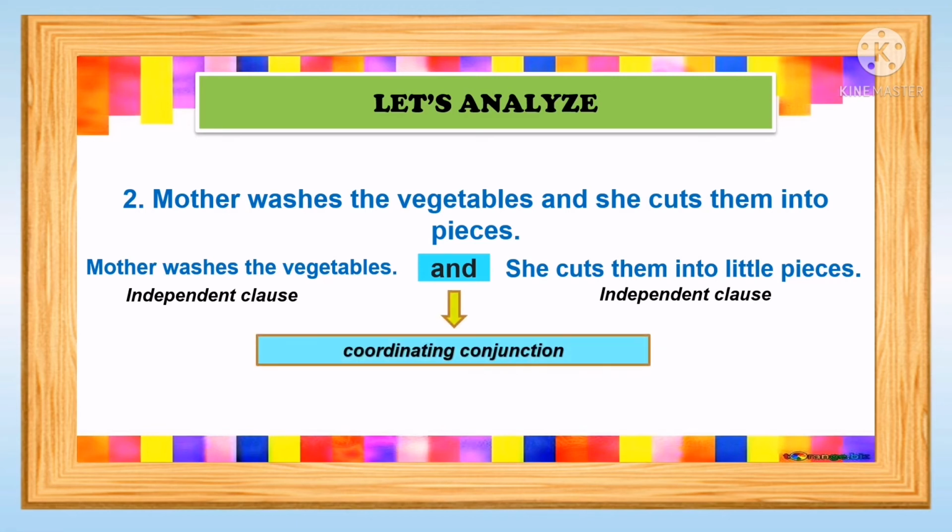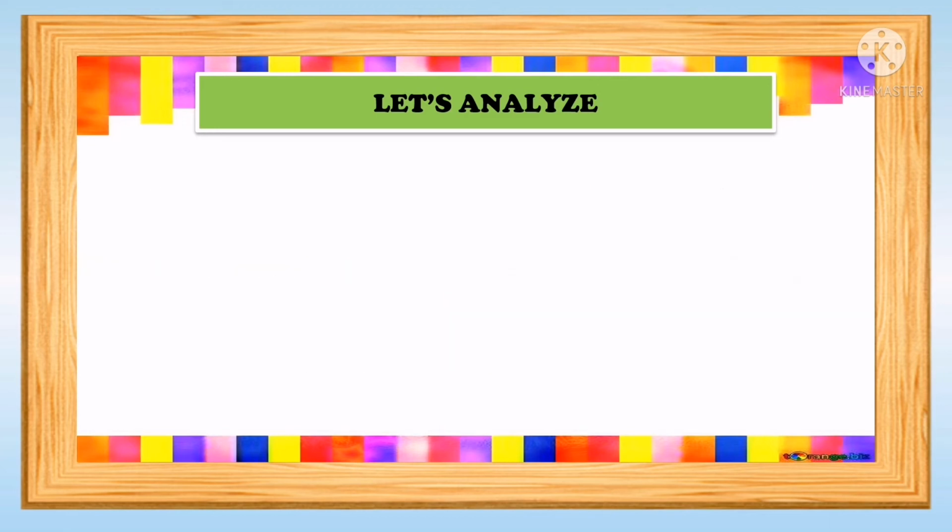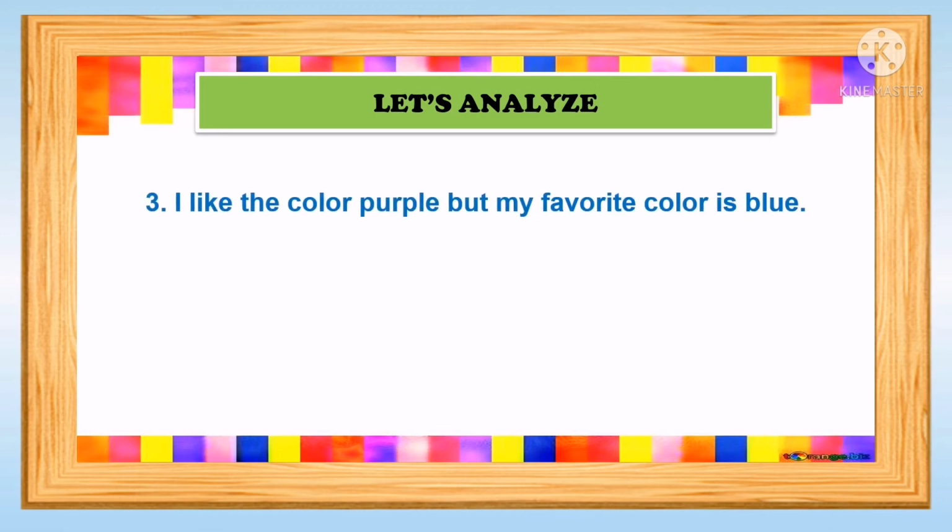Okay? Now, let's have the third activity. I like the color purple, but my favorite color is blue. Now let's try to find out the two independent clauses and the coordinating conjunction or the connector. The first independent clause is I like the color purple.